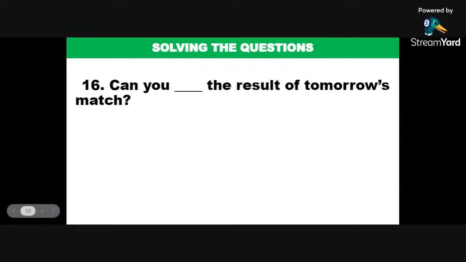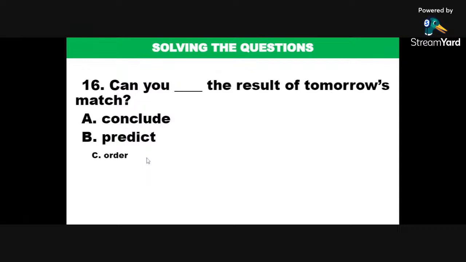Question 16. Can you dash the result of tomorrow's match? A, conclude. B, predict. C, order. And D, certify. The correct answer is predict. When you attempt to tell the result of something that is yet to happen, then you are predicting its outcome.